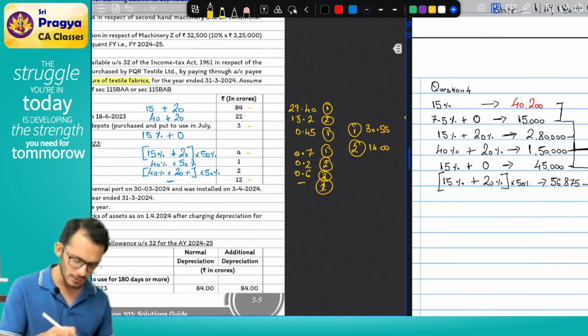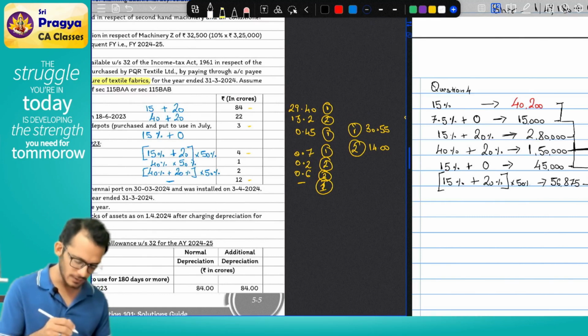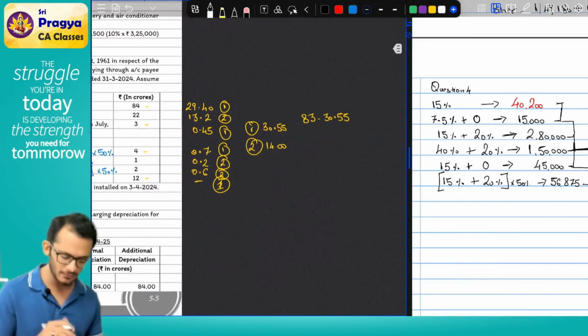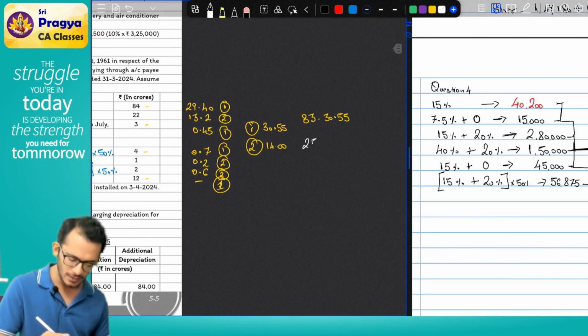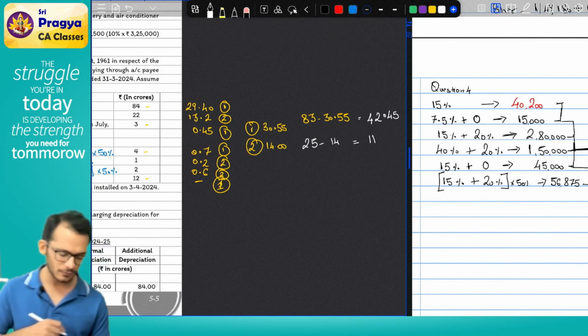For the second block it is 22 plus 1 plus 2. So therefore 24, 25. So you will reduce 25 minus 14. Therefore second block will become 11. First block will become 72.45.